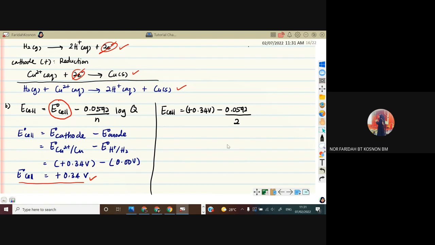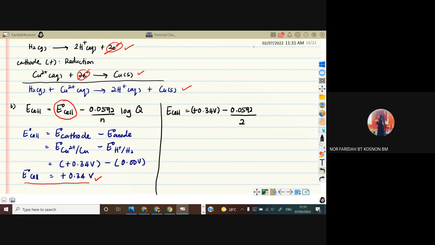Okay, sekarang log Q. Log Q ni, ni yang saya nak you ambil perhatian. Q tadi saya kata secara asasnya, basically it is concentration of product atau pressure of product atau kedua-duanya sekali bahagikan dengan concentration reactant atau pressure of reactant ataupun kedua-duanya sekali lah kalau terlibat. So you tengok dekat sini dekat bahagian produk dulu. Dekat bahagian produk kalau you nampak kat sini yang hanya terlibat adalah concentration of H+.